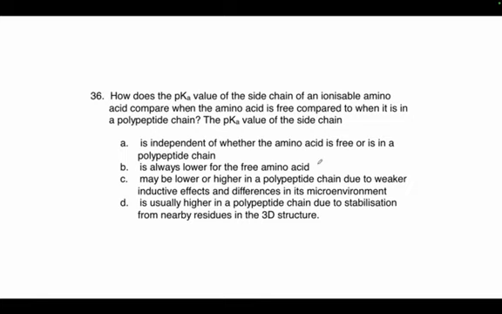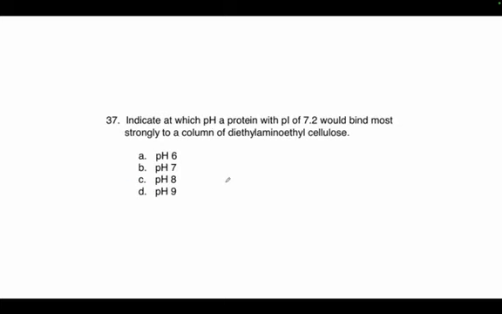But it might be slightly lower or higher, okay, due to differences in the microenvironment. When the protein is folded and it is exposed to a different environment, it may be slightly lower or higher than its value as a free amino acid. But for calculation purposes, we usually take it as the same.